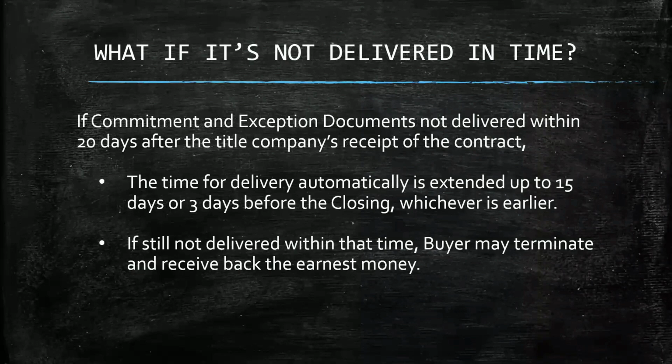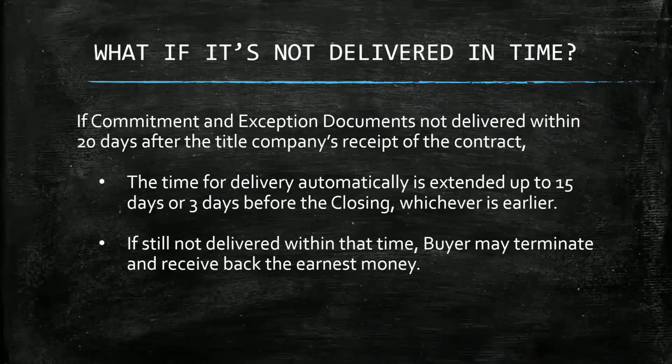What happens if the commitment is not delivered on time? We've talked about this, but once again, if they are not delivered within the 20 days after the title company receives the contract, then the time for delivery is automatically extended, either 15 days in addition to the 20, or if we're coming up on the closing date, then the deadline is 3 days before the closing date.